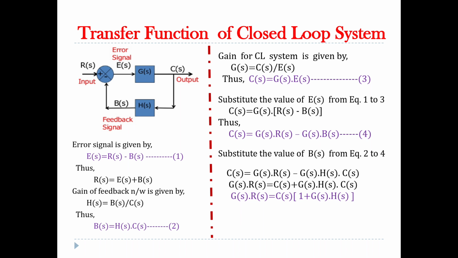For the open loop system it is G of s, and for the closed loop system we will define the transfer function as C of s by R of s is equal to G of s by 1 plus G of s H of s. Here the plus sign indicates that the system is having negative feedback. For the positive feedback system, the equation will become G of s by 1 minus G of s into H of s.